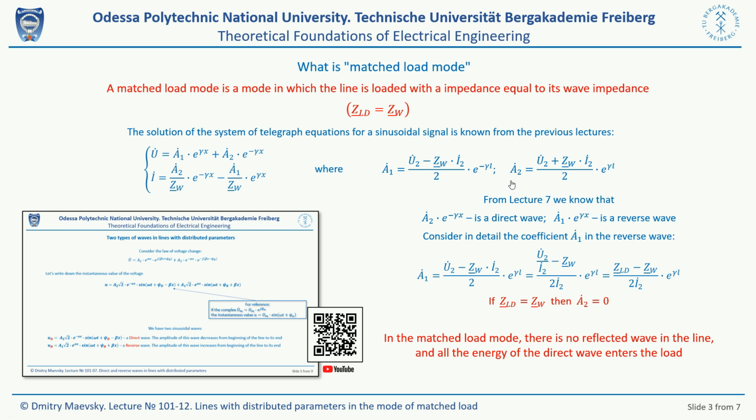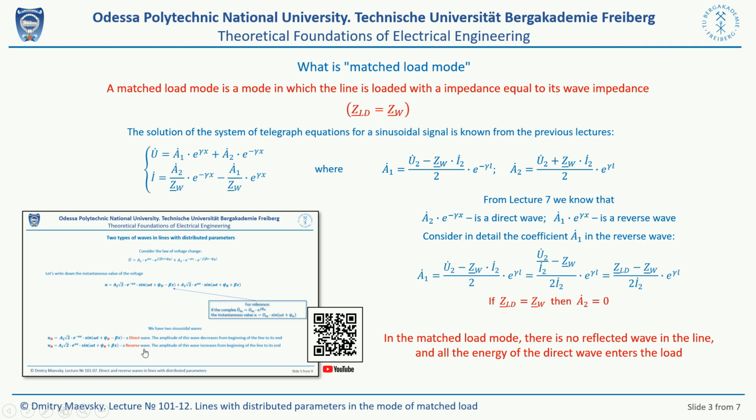Now let's recall lecture number 7, one of the slides of which is shown here. You can follow the link in this QR code to view this lecture. In lecture 7, we introduced the concept of direct and reverse waves of voltage and current in the line.